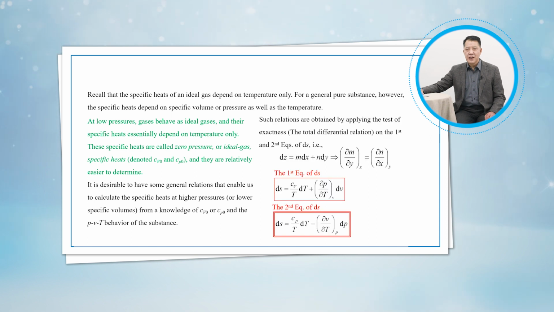Such relations are obtained by applying the test of exactness on the first and the second ds equations. Applying the test of exactness, the derivatives for the specific heats are yielded.